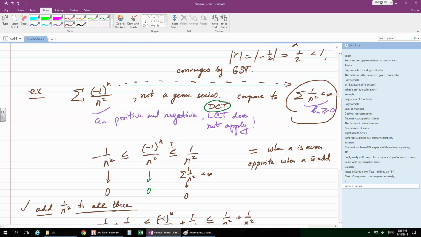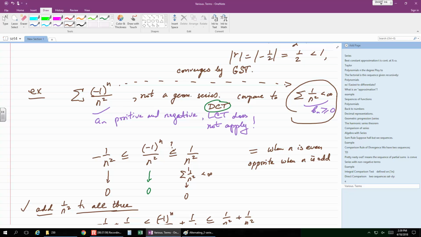The answer is that one is the absolute value of the other. If we take a series and take the absolute value of its terms, you get a new series that will have only non-negative terms. Then all the techniques that we have learned recently apply: the direct comparison test, the limit comparison test, and even the integral test. All of those require positive terms, and that will be totally applicable.